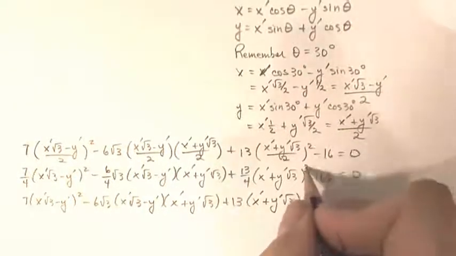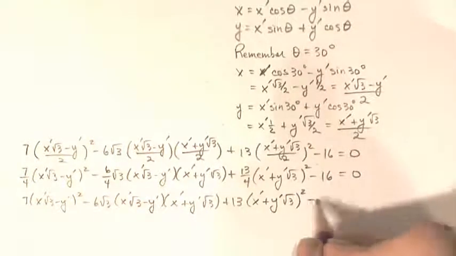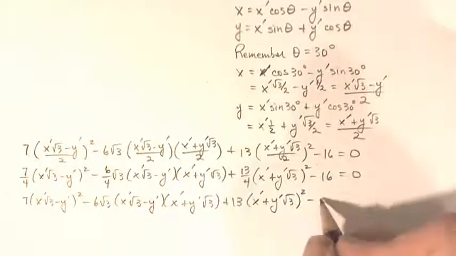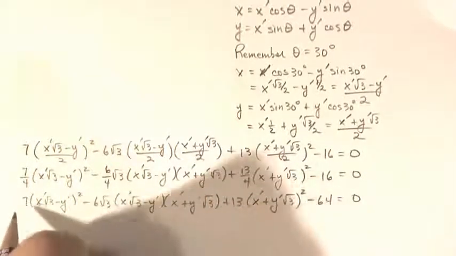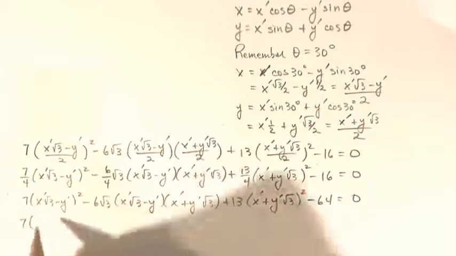Hey, where'd my squared go? There it is. Okay, minus, and then this has to be multiplied by 4, so we get 64 is 0. Now, we need to start squaring things. This is where it gets ugly.